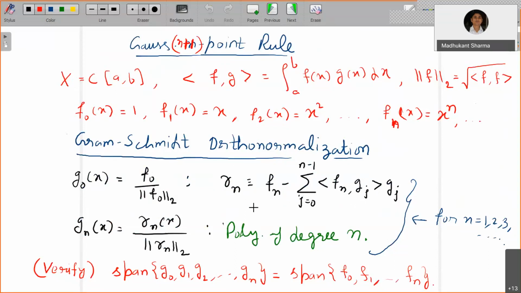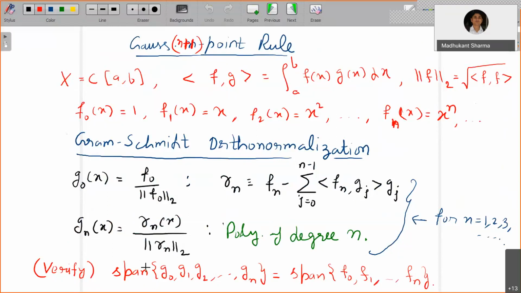It can be shown that this Rn is orthogonal to G0, G1, G2, up to Gn minus 1, as we have done for the Gauss 2 point rule. Then that nth degree polynomial, the Legendre polynomial, is defined by Rn of x divided by its norm.